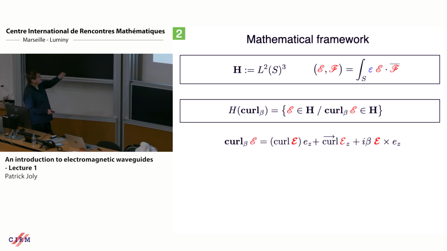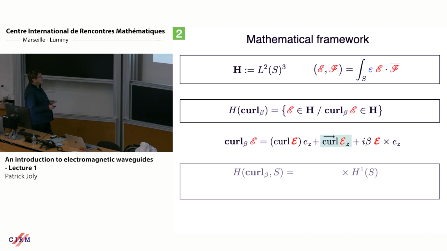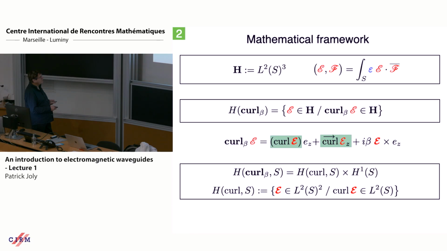But a priori, it seems to depend on beta, but if you remember the expression of curl beta, you realize that, in fact, it does not depend on beta because this is automatically in L2. And so this space is, in fact, this Cartesian product of H1 for the third component, because you remember that the curl is essentially a gradient up to rotation. And for the transverse component, it is a 2D H curl space of vector fields whose scalar curl is in L2.